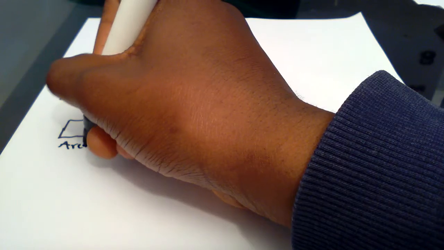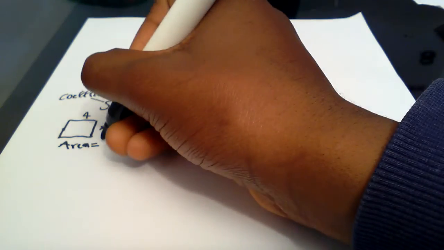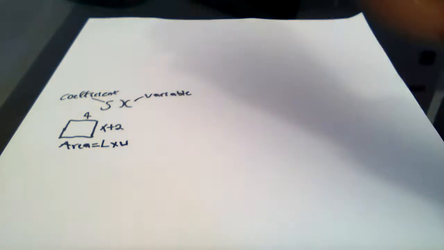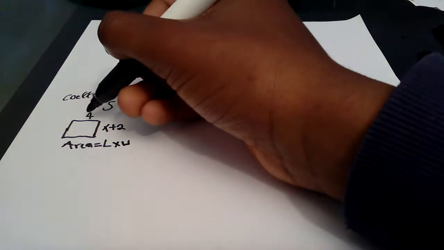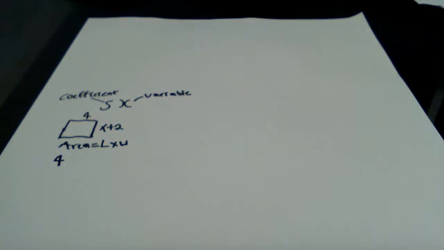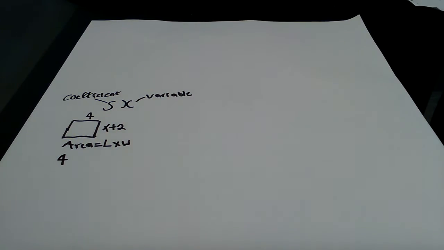In this type of problem, the formula for area is length times width. So 4 is the length, then x plus 2 is the width.